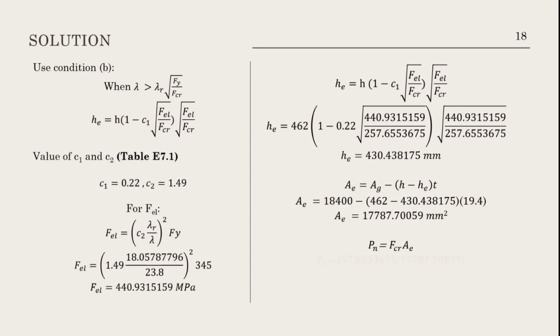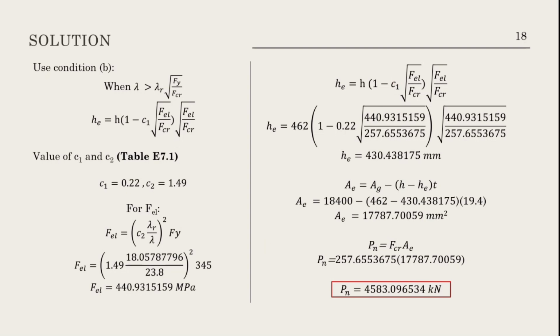So we have 257 times 17,787. Therefore, we have 4583.6096534 kilonewton.